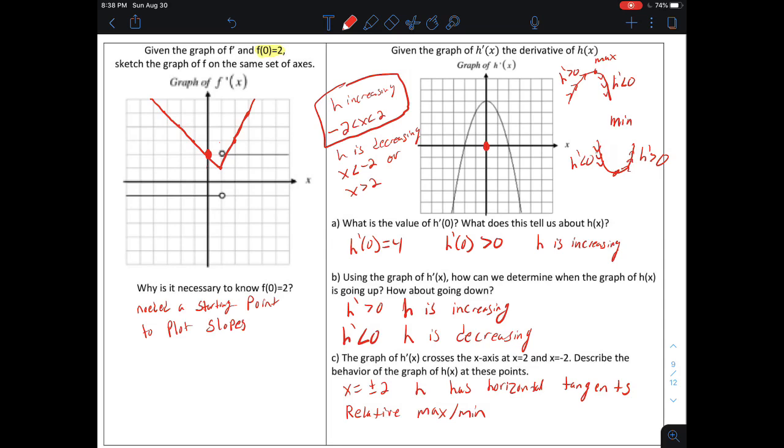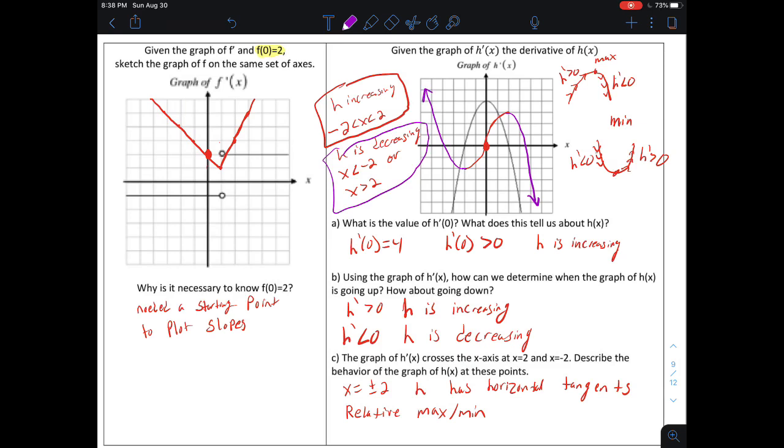So increasing till I get to 2. And then decreasing when I am less than -2, or greater than +2. So decreasing and also decreasing.